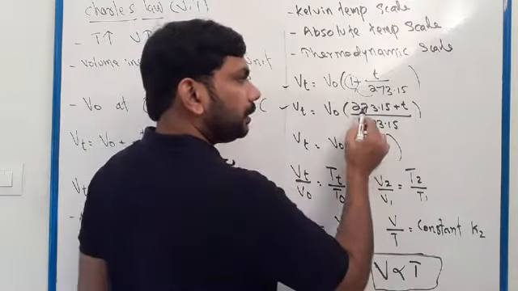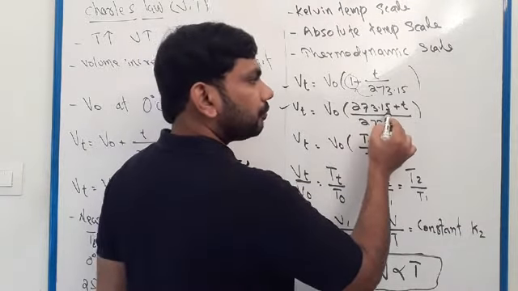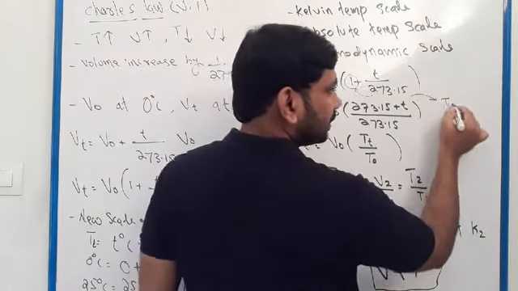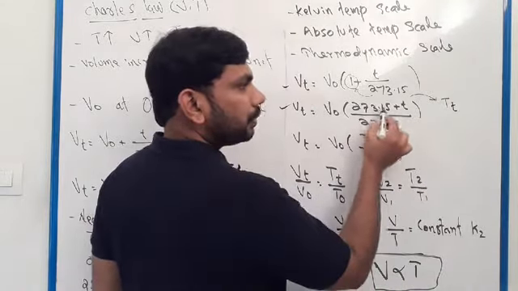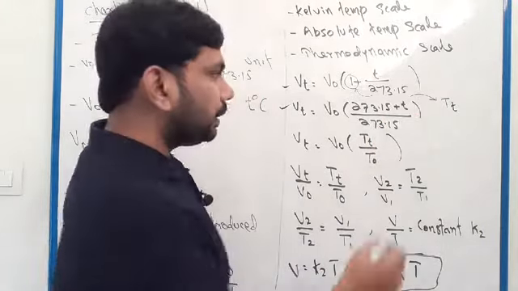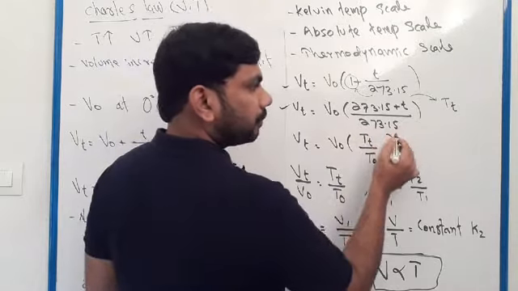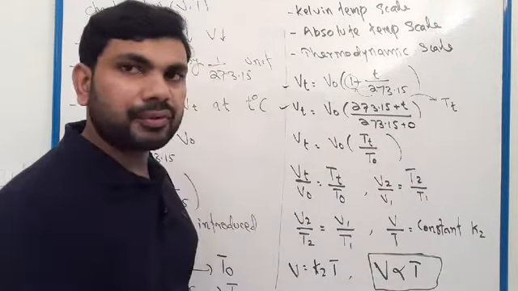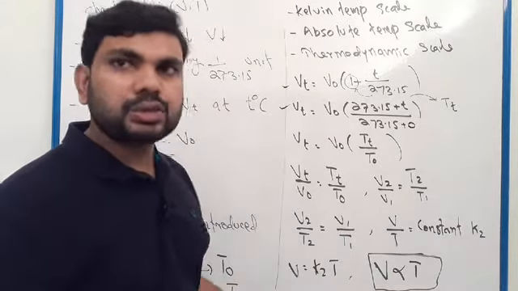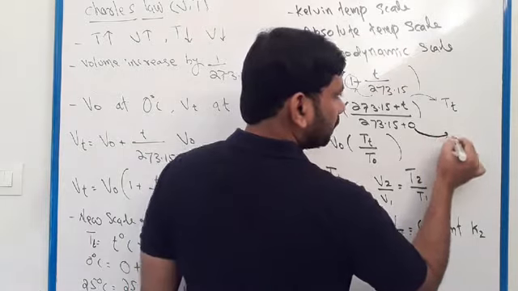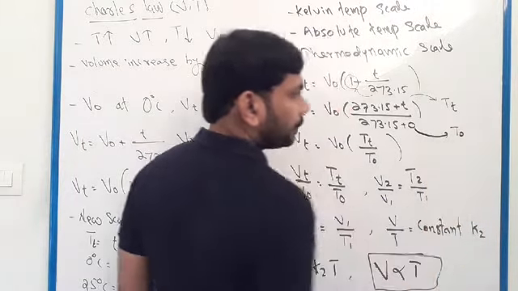So you come to this point. Now look here, 273.15 plus t, you can change this to Tt. Here only 273.15 means 273.15 plus 0, that is 273.15, so you can change this to temperature T0.